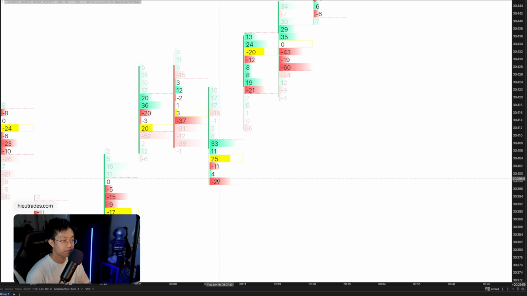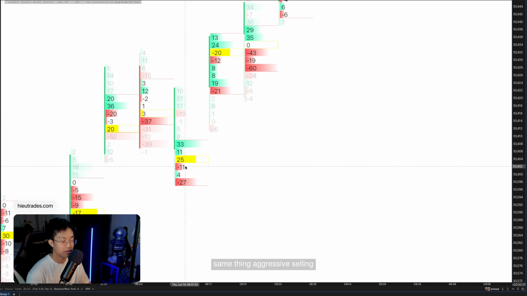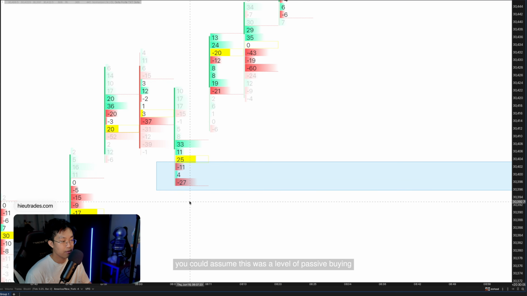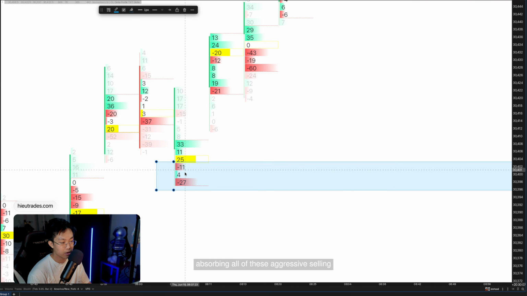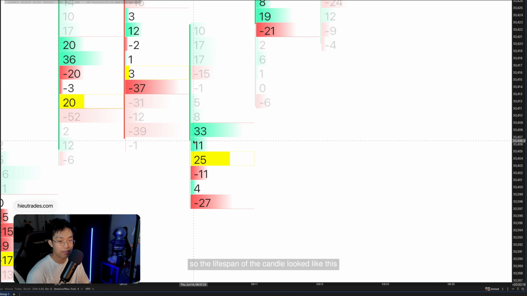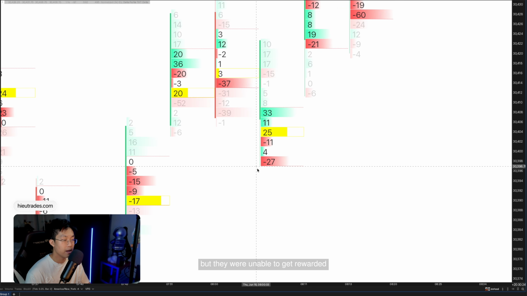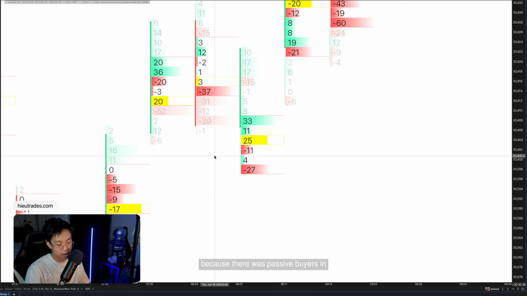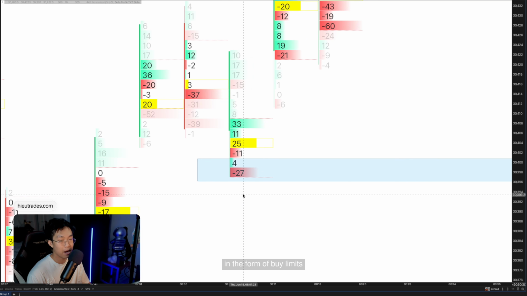If you look here, same thing: aggressive selling, no reward lower. You could assume this was a level of passive buying absorbing all of this aggressive selling for price to continue higher. So the lifespan of the candle looked like this. We opened here, aggressive sellers took price lower, but they were unable to get rewarded with lower price action because there were passive buyers in the form of buy limits absorbing all of these aggressive sellers.